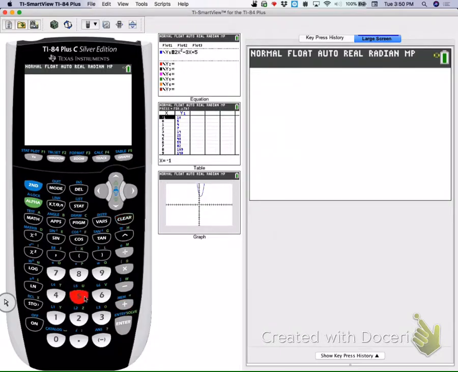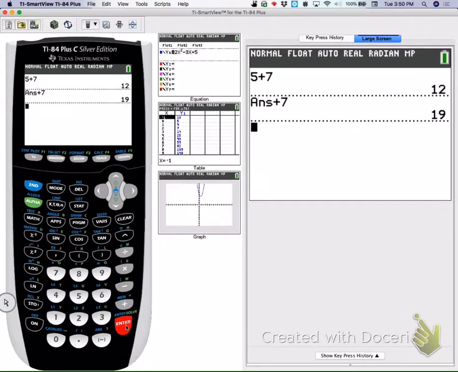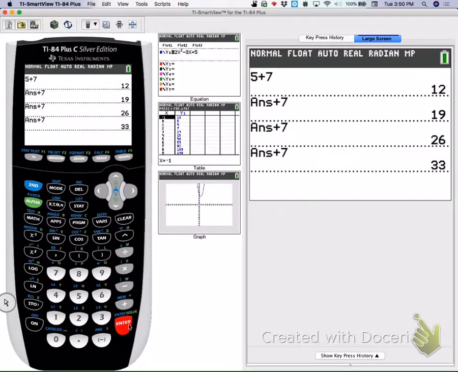So we've got a sequence where we're going to add 7 each time, let's say. And then now we're going to add 7 again. And now if you hit enter, it's going to automatically keep adding 7.